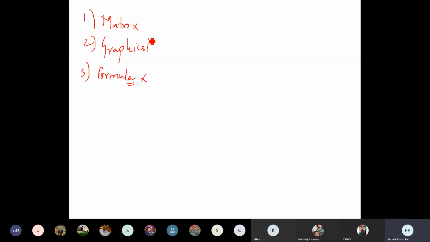We will not be using this one. These two methods are sufficient. So in the exam also you can use either the matrix method or directly the graphical method.